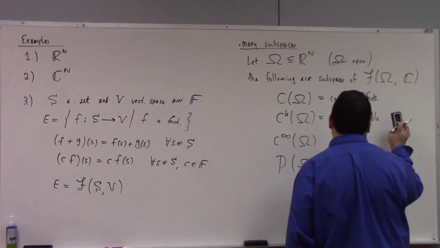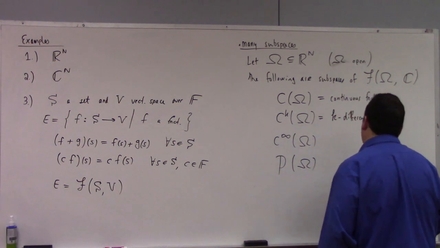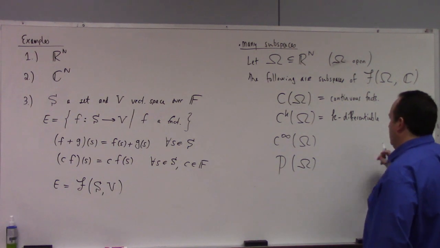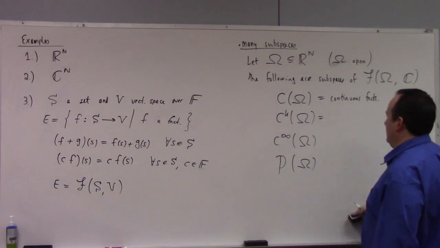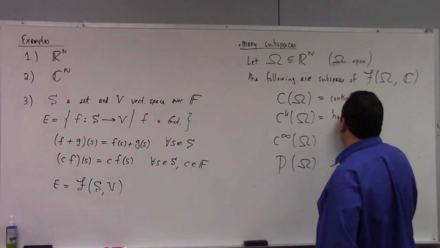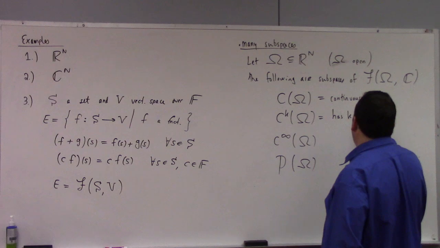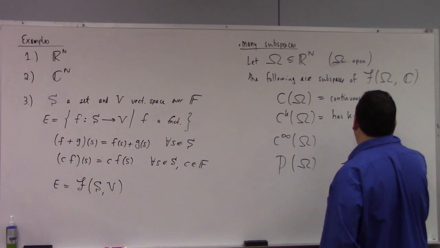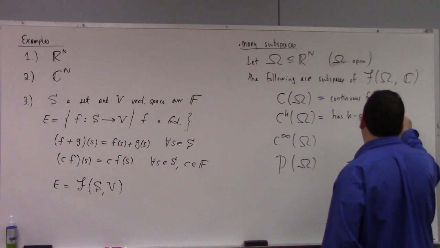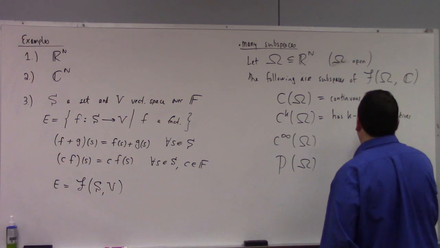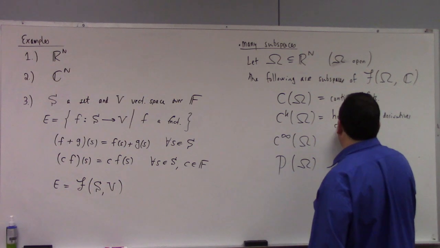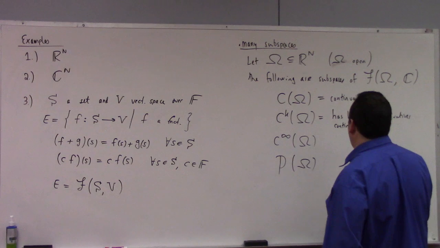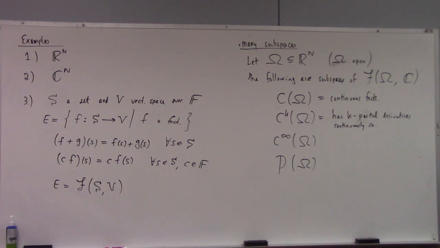The way he said it is the most untechnical way, but I'll stick with his statement of it, which is that it has k partial derivatives, continuously so. Sorry, my grammar is not great there, but you get the idea.